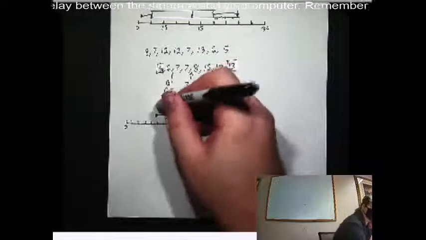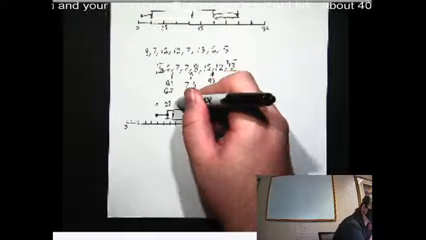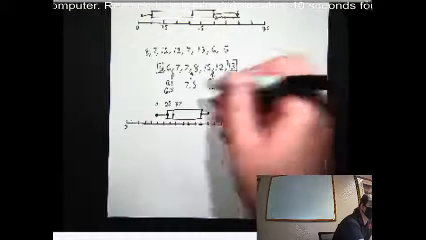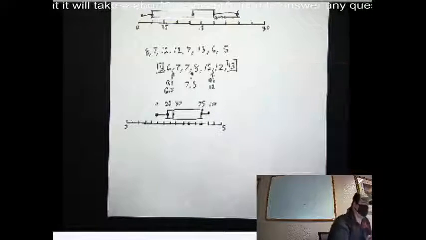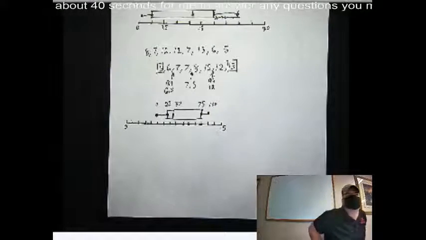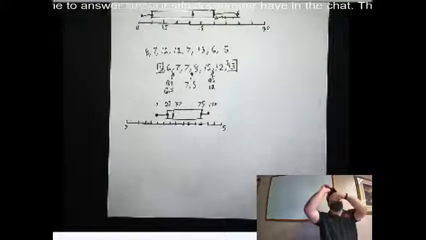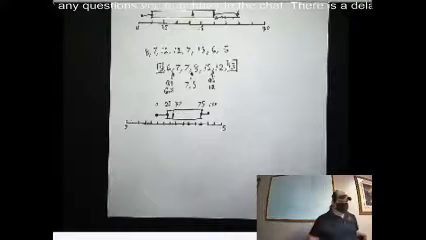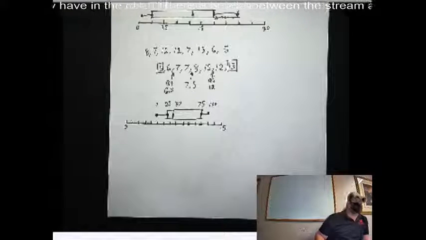So just to cover that one more time, this is like 0%, this is 25%, this is 50%, this is 75%, and this would be 100%. Any questions?